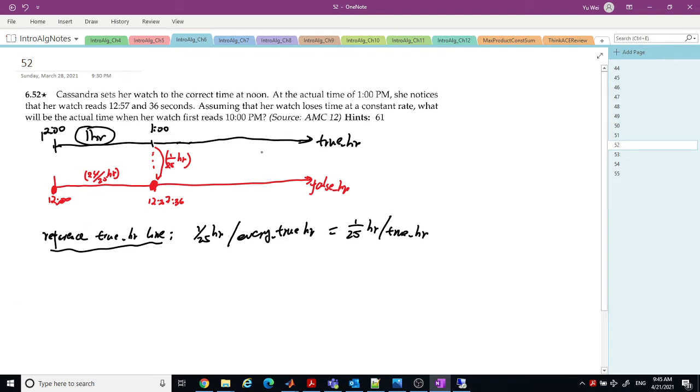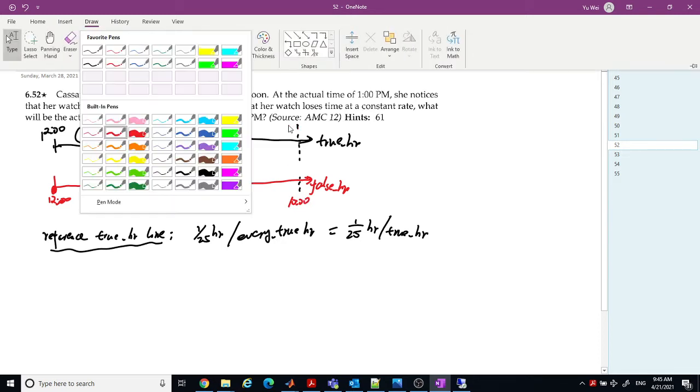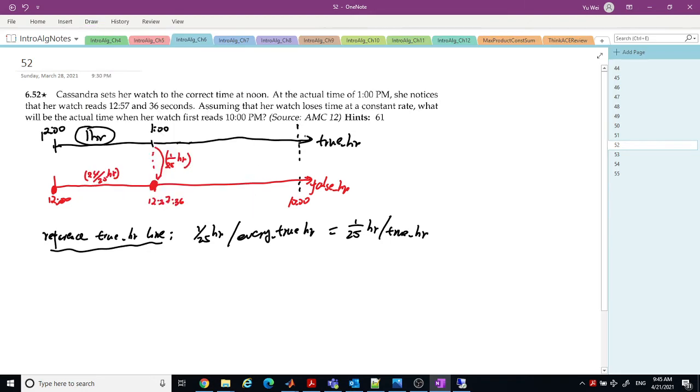Okay, so now we are looking at this time, right? When we're looking at this time, the watch, this is the false time, is 10 o'clock. We try to figure out what the true time is, here X. So we know the false hour timeline is 10, right?